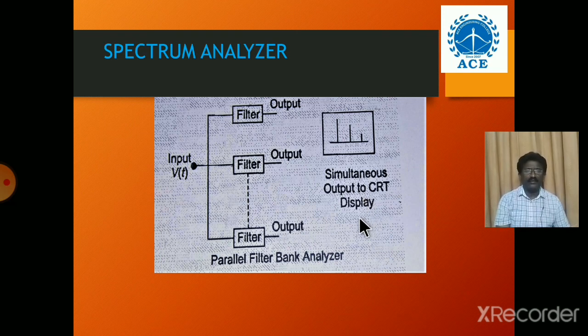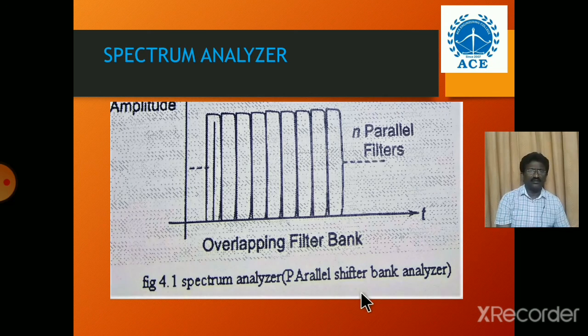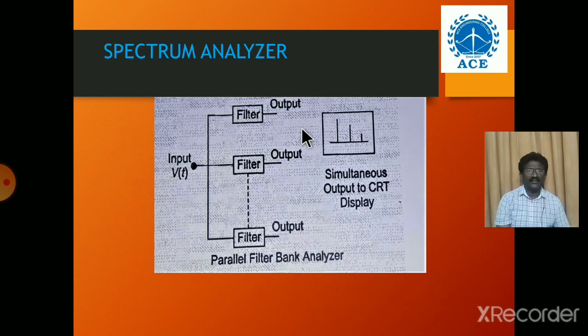In a parallel filter bank analyzer, the frequency range is covered by a series of filters whose central frequency and bandwidth are selected so that they overlap each other as shown in this figure. So actually this is the parallel filter bank analyzer.